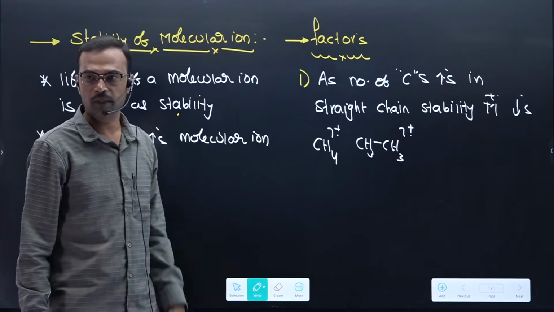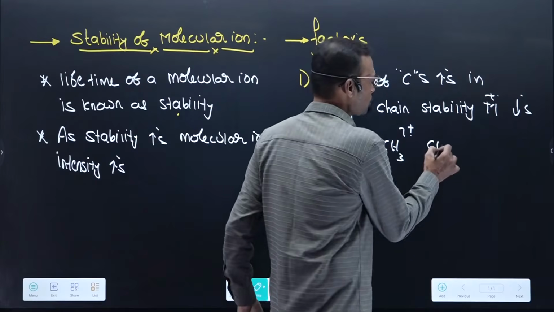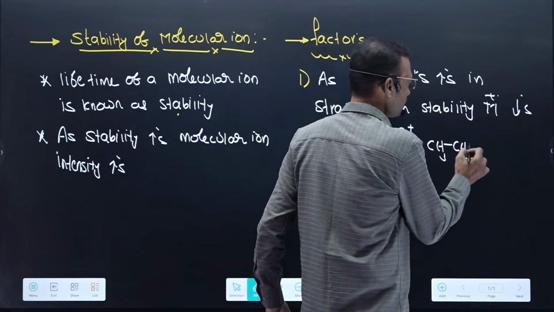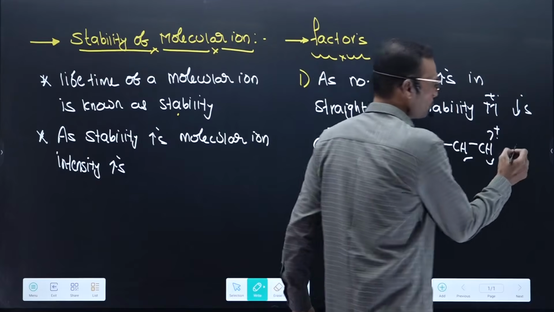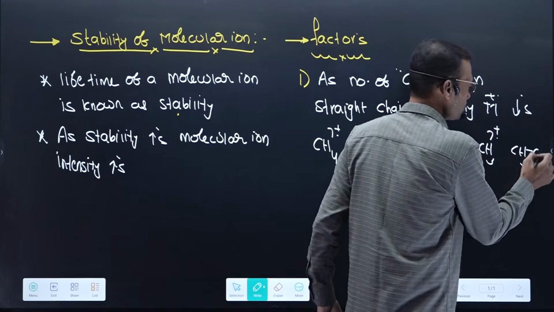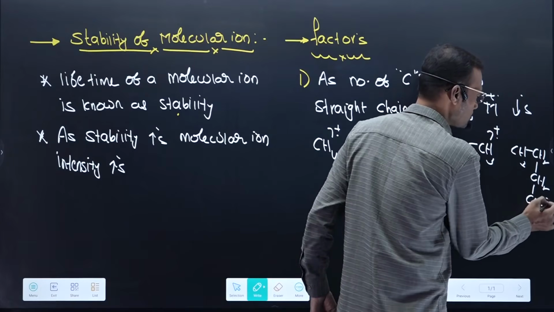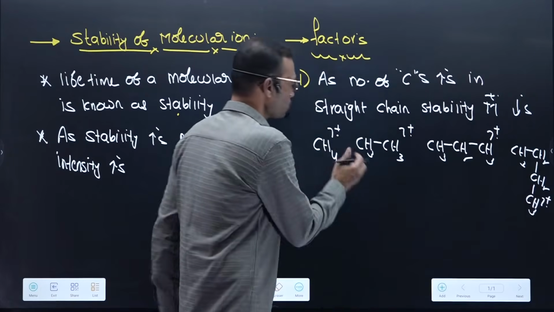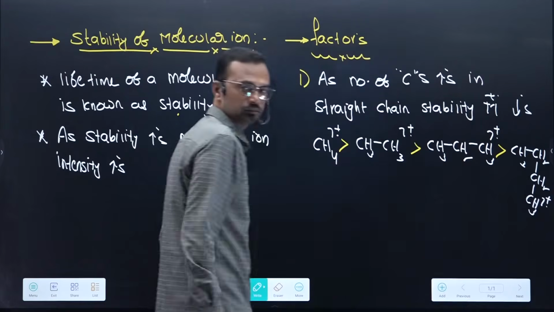So methane is more stable than ethane, ethane is more stable than propane, and propane is more stable than butane, where I add one more CH2 and a CH3.